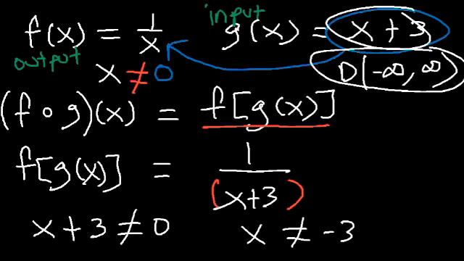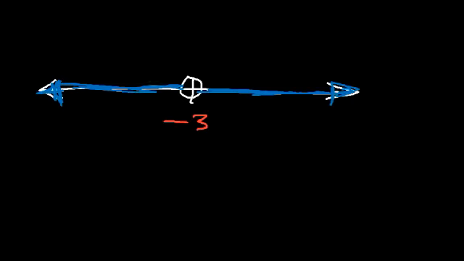Now how do we represent this answer using interval notation? The best way to do it is to graph the solution on a number line. So x can be anything except negative 3. Since it can't be negative 3, we need to use an open circle at negative 3. It can be anything greater than negative 3 or anything less than negative 3. All the way to the left we have negative infinity, and to the right we have positive infinity.